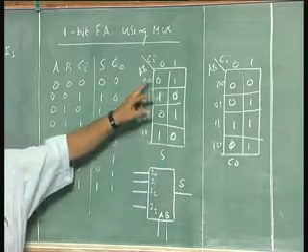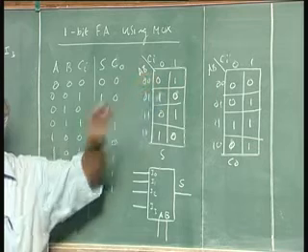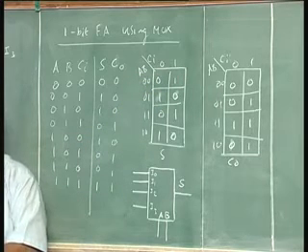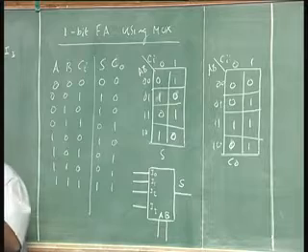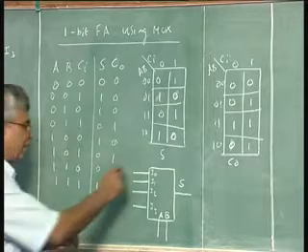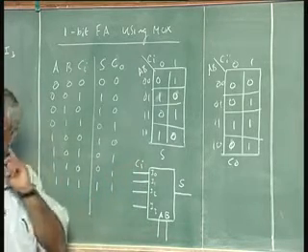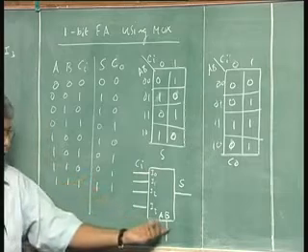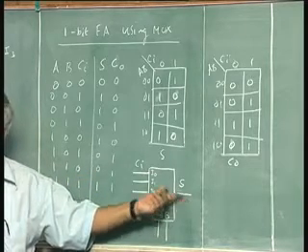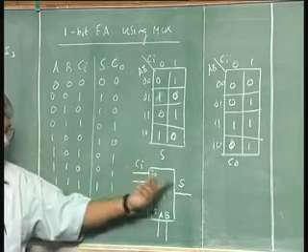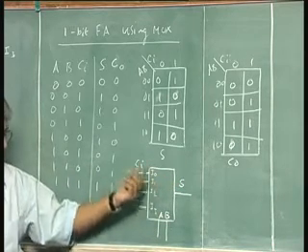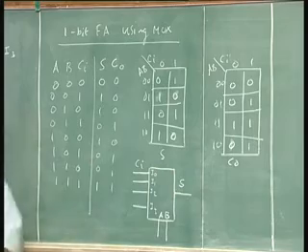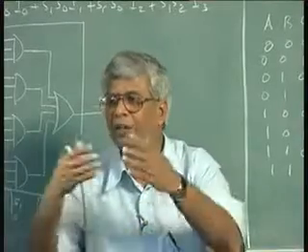So when AB is 0, 0, sum should be same as Ci. Sum should be 0 if Ci is 0, sum should be 1 if Ci is 1. So if I connect Ci to this, when Ci is 1, the output will be 1, and when Ci is 0, sum will be 0. That's what it is. Mapping on the given hardware, our requirement, which is here.